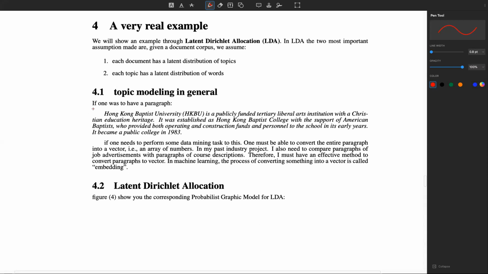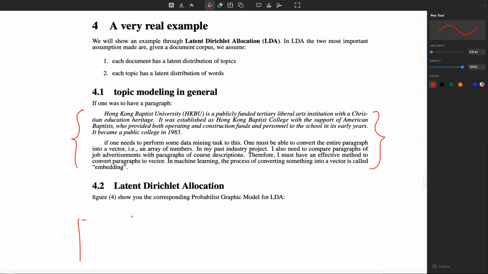Well, there are multiple reasons why we need to cluster documents, right? But the idea is that if you have multiple documents, I basically just went to Wikipedia and downloaded the paragraph for HKBU. So you need to figure out for every single document what the latent representation of that document should be.